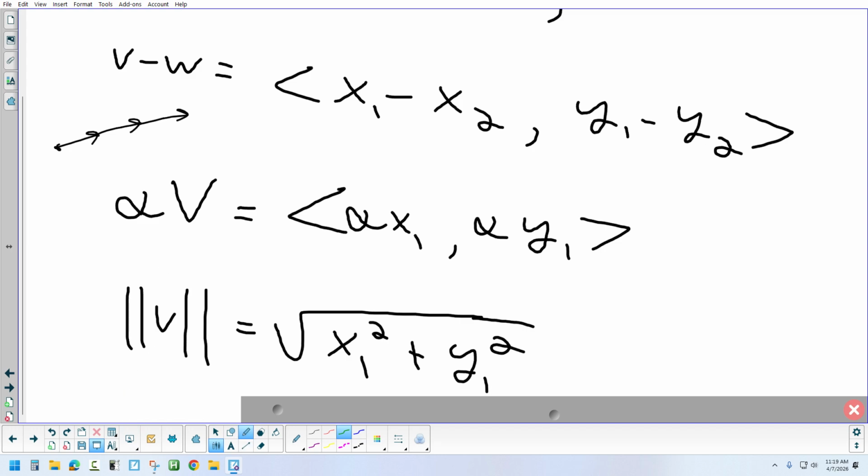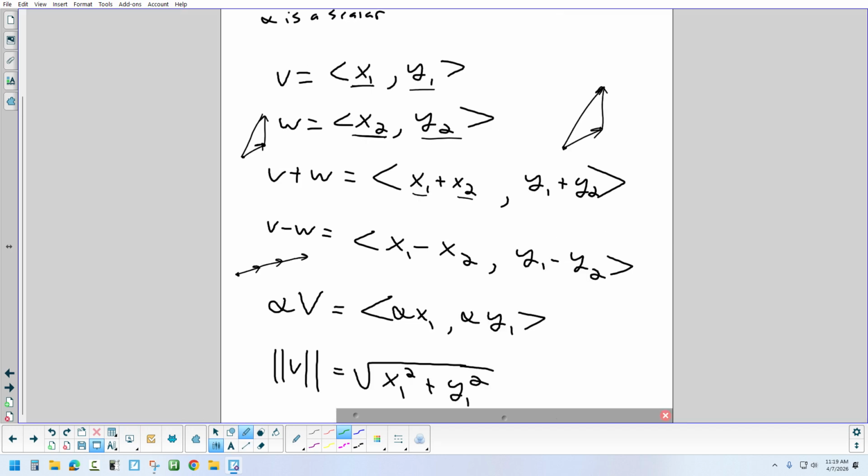So if you look at all 4 calculations I just showed you, adding, subtracting, scaling, and magnitude, which one out of the 4 is the final answer very different than the other 3? Magnitude.